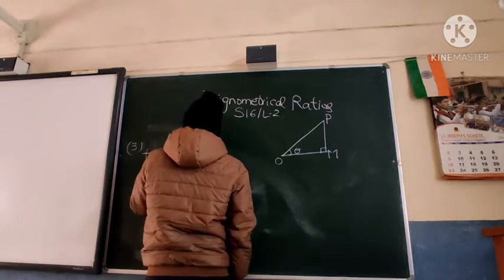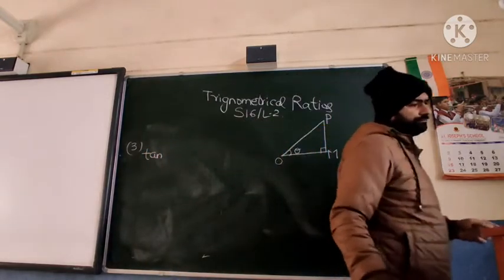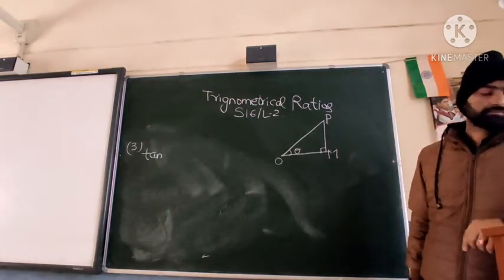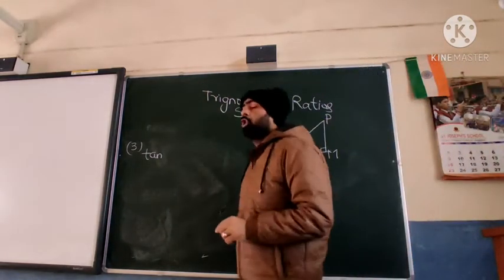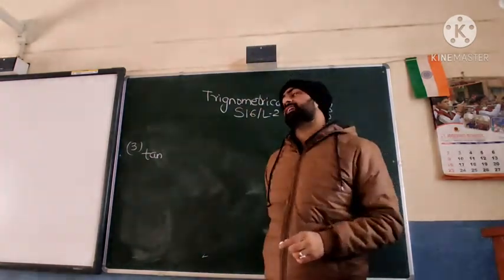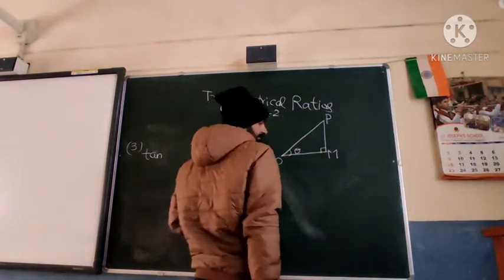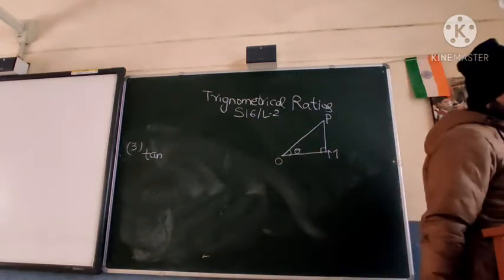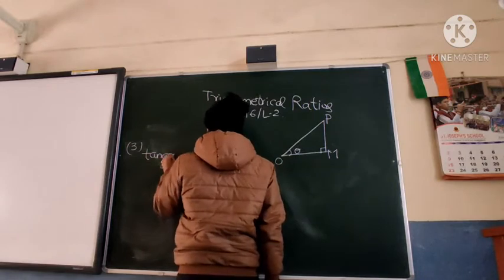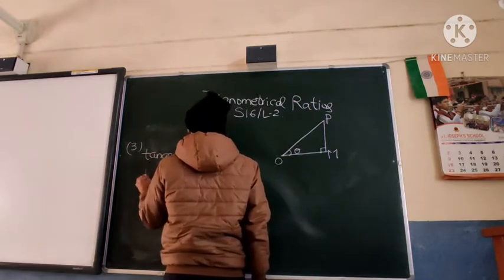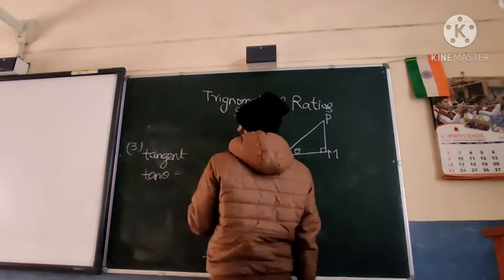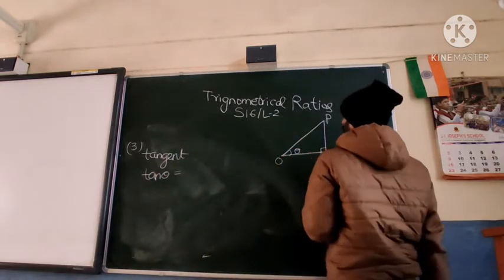Tan is called tangent, just as the reciprocal of cos was sec, which is called secant. So tangent, in short we call it tan. This also is given for an angle theta, and tan theta is what?